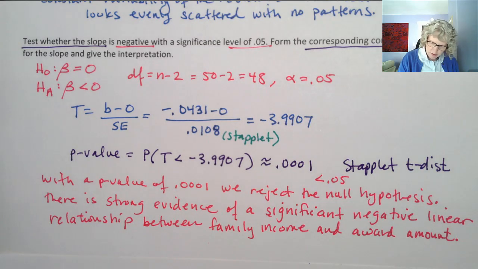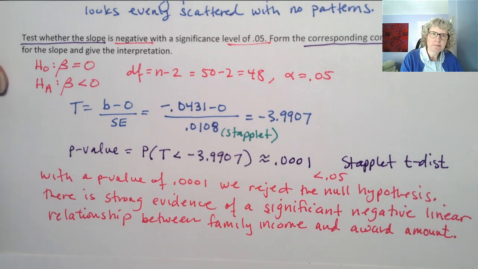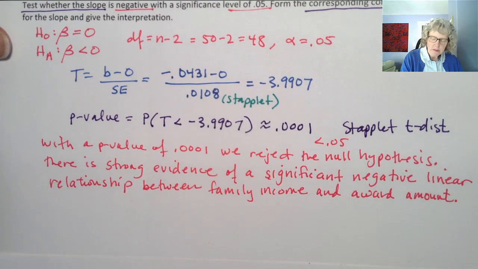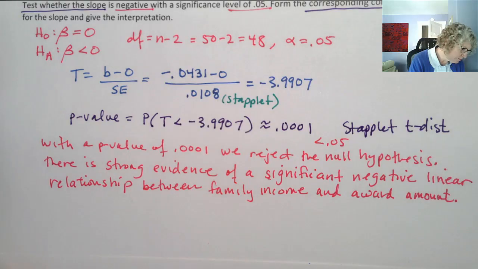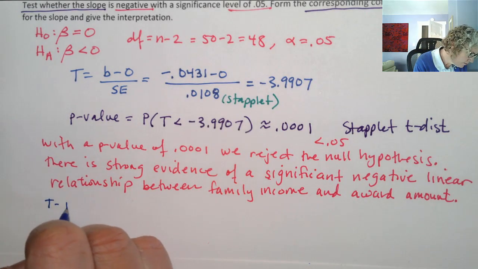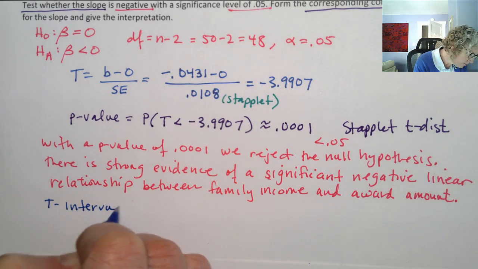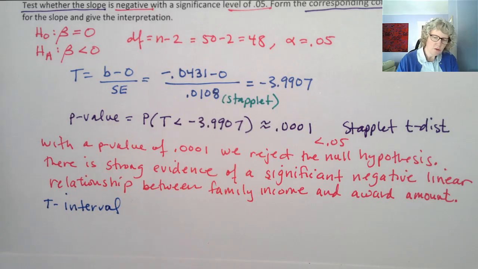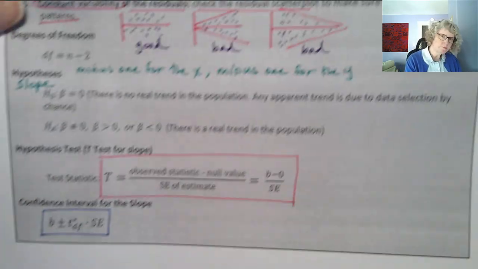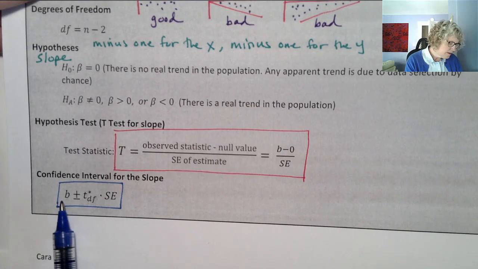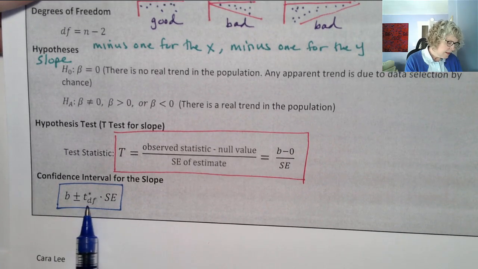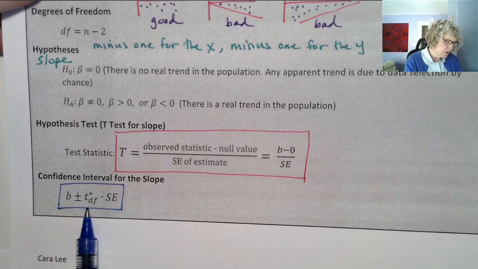So let's do our t interval. Move this up a little bit. Okay, so we'll do our t interval, and the formula for that is the slope plus or minus t star for the degrees of freedom.